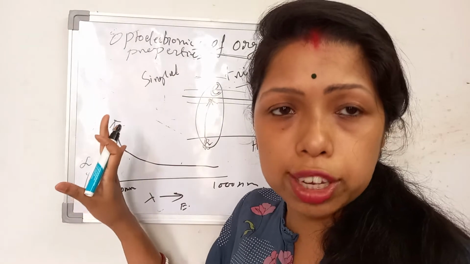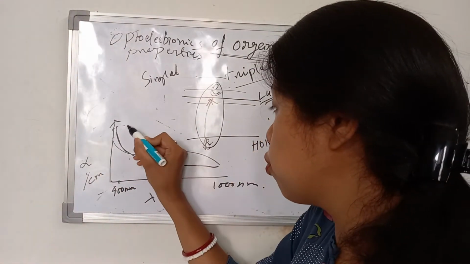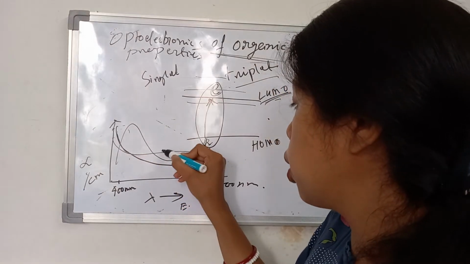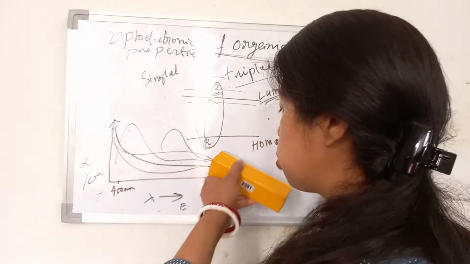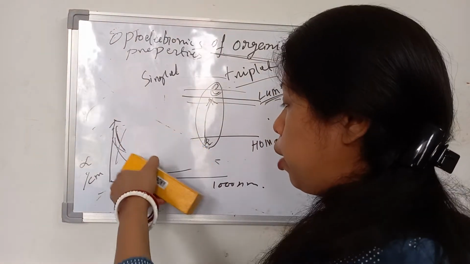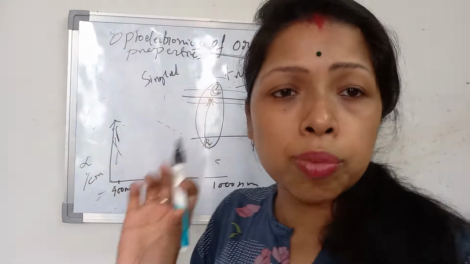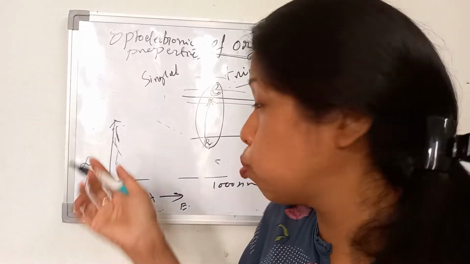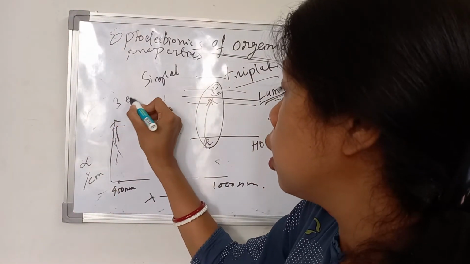Most inorganic semiconductors show this kind of exponential behavior, because they have only one band gap. Suppose 400 nanometers corresponds to a band gap of about 3 electron volt.